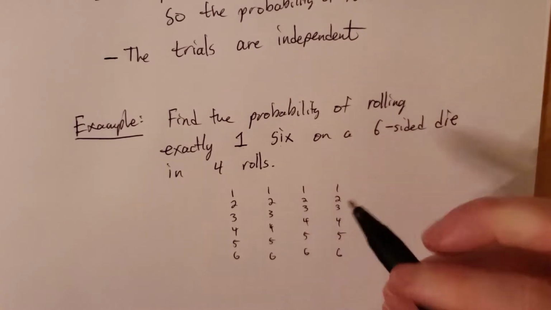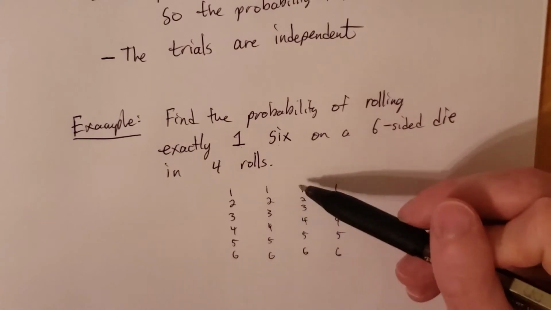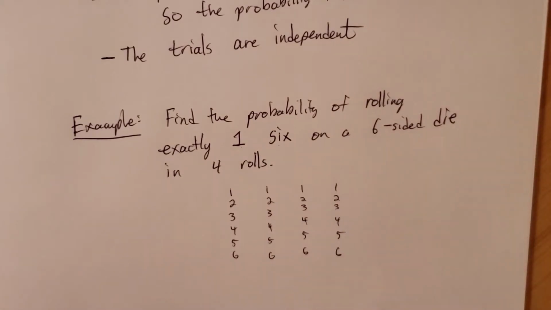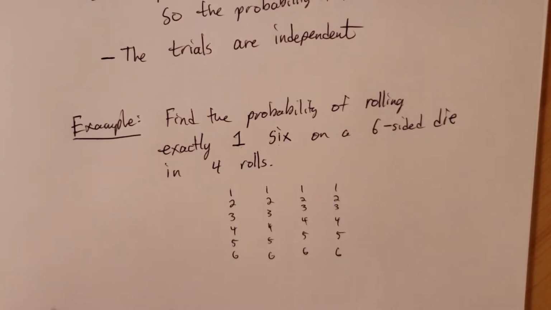any selection of this first dice roll, any selection of the second, third, and fourth could occur. So this is 6 raised to the 4th possible outcomes. We want to know the probability that the outcome we select has exactly one 6 showing up.